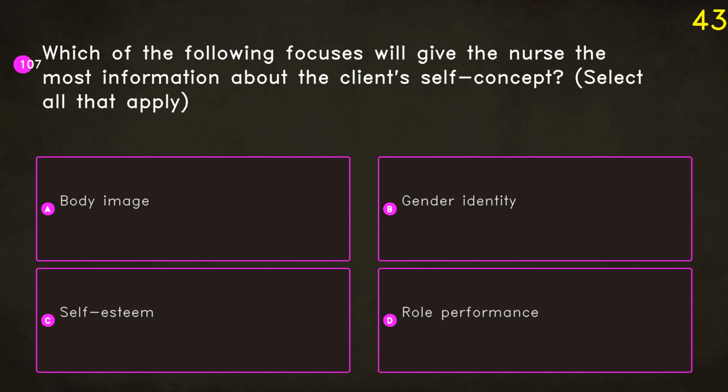Question 107. Which of the following focuses will give the nurse the most information about the client's self-concept? Select all that apply. A. Body image. B. Gender identity. C. Self-esteem. D. Role performance.